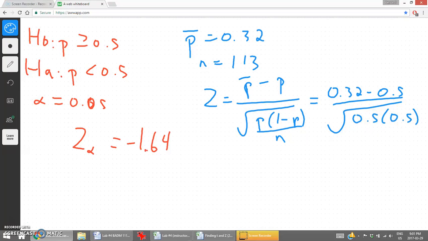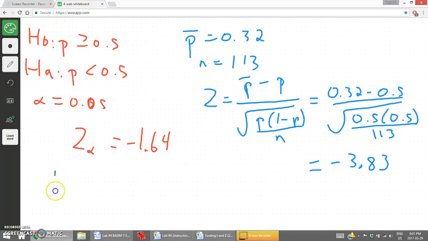Important to remember that in hypothesis tests for proportions, we use this population proportion value as the standard error, divided by 113. So this gives us a value of approximately negative 3.83. Once again, because that value, negative 3.83, is more extreme than our critical value of 1.64, we are going to reject the null hypotheses.